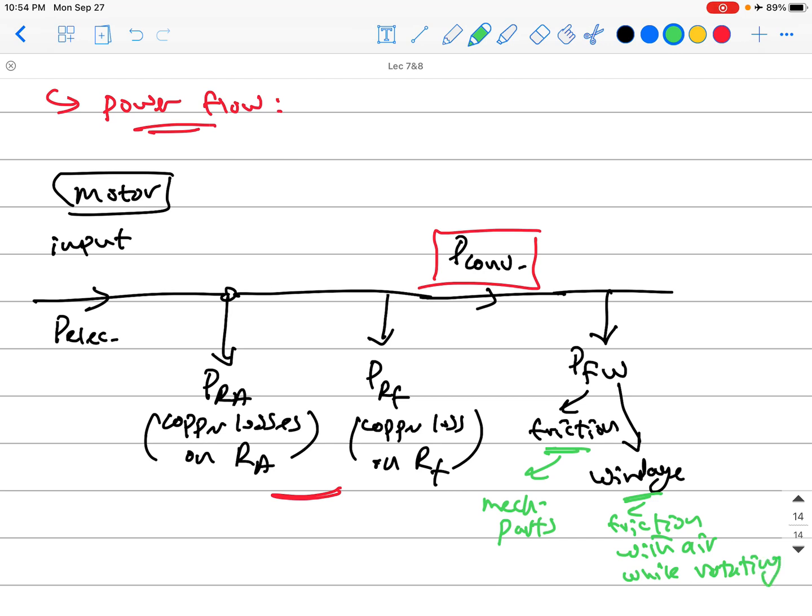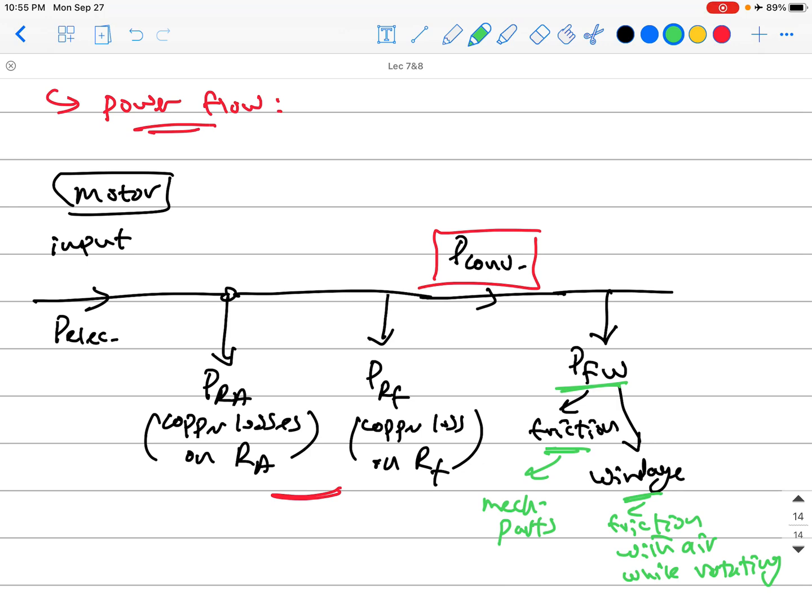So your rotor and your shaft, all the rotating parts of the machine, will have friction with the air while rotating. It's touching the air all the time. And this air has some resistance to the rotation of the machine, so you lose some of the energy to overcome this resistance of the air and keep rotating, okay? So you lose some losses here, PFW.